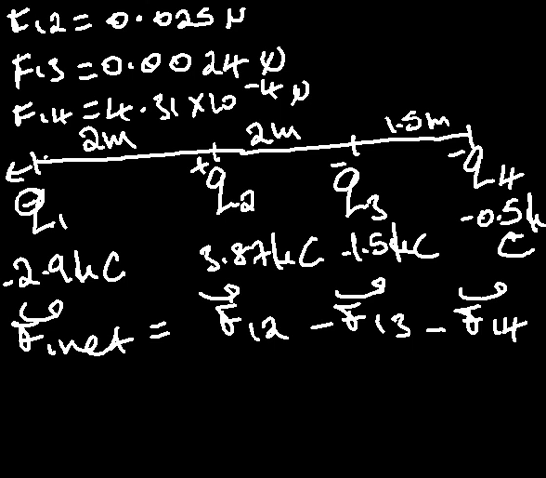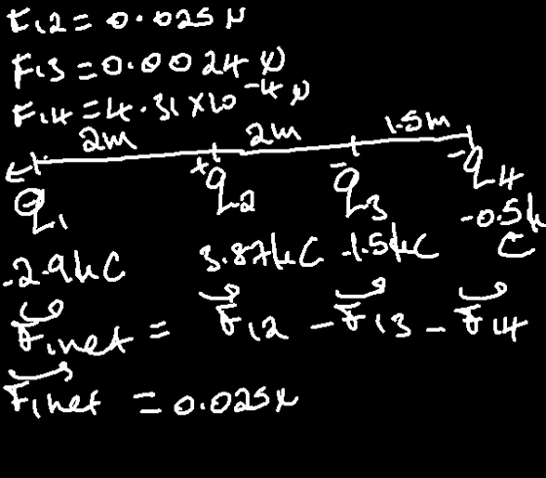Now we're going to substitute in the expression. We have F1 net as a vector. Now what is F12? We have it as 0.025 newtons. Since this is in the x direction, we use i, because we are on the x-axis.